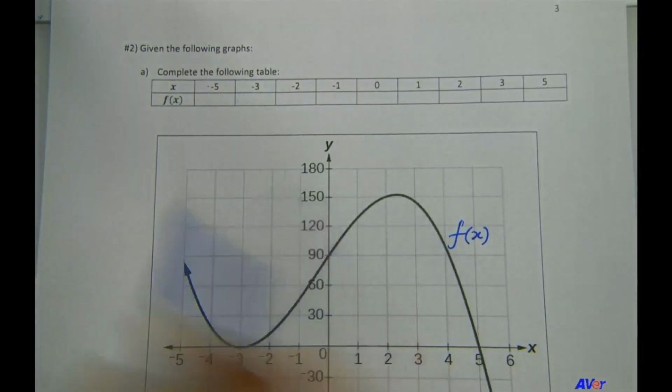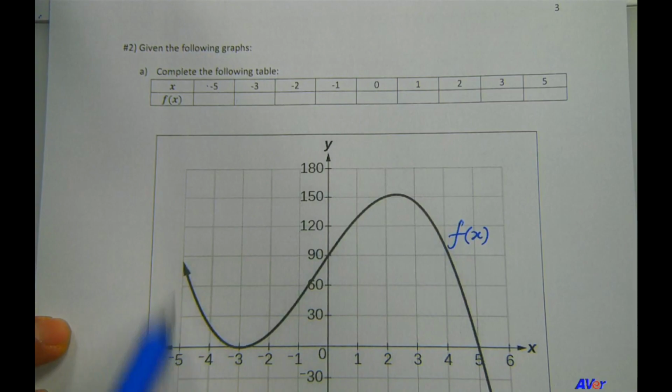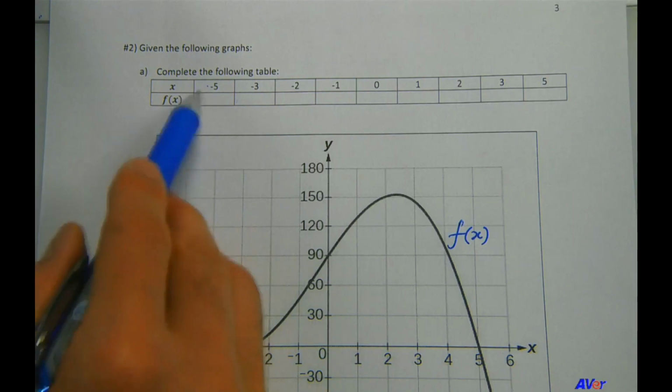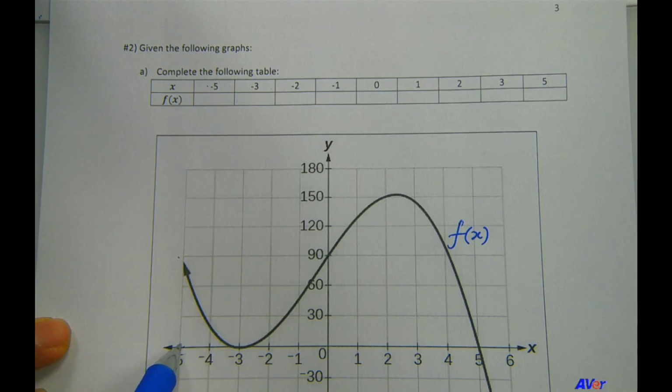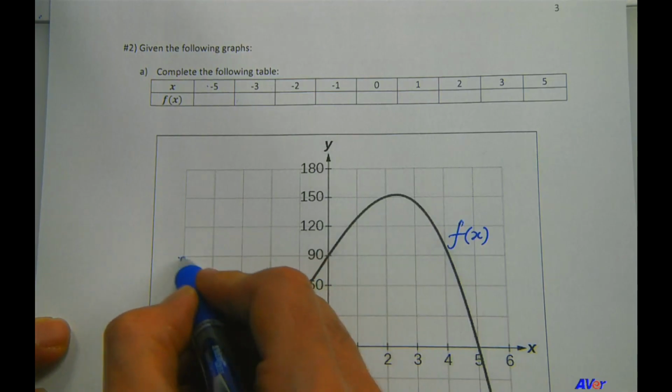Okay, so for x equals -5, right there, we can be ballpark close. We don't have to be perfect. If the graph is not clear, we don't have to be perfect. But let's assume for x equals -5, the y or f of x value is roughly 90, right there.